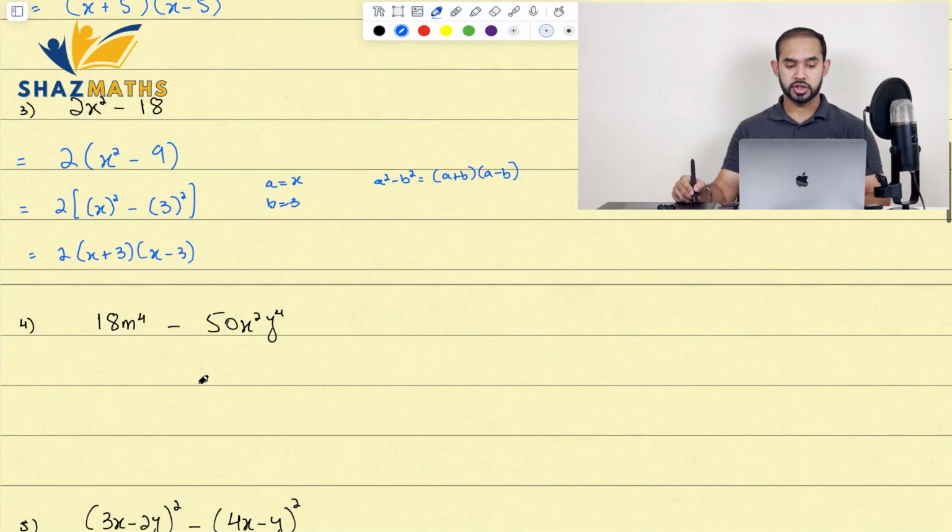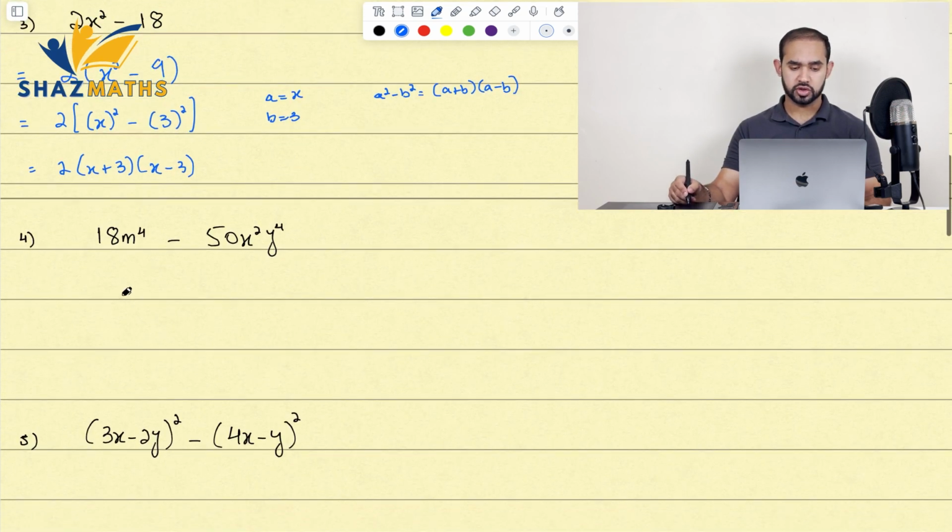Let's jump on to the example number 4. This looks a bit tricky one, but let's have a look. Again, think about the maximum number that is common in both of these numbers. So 18 and 50, maximum number that is divisible by both of these numbers is 2. So I'm going to take 2 as common. With the variable, I can see that this has m but this one do not have m, right?